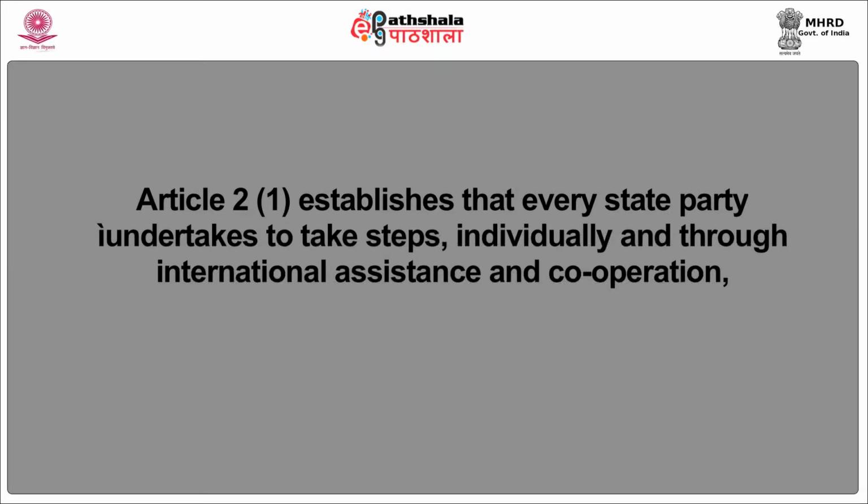Article 2, Clause 1 establishes that every state party undertakes to take steps individually and through international assistance and cooperation, especially economic and technical, to the maximum of its available resources with a view to achieving progressively the full realization of the rights recognized in the present covenant by all appropriate means.